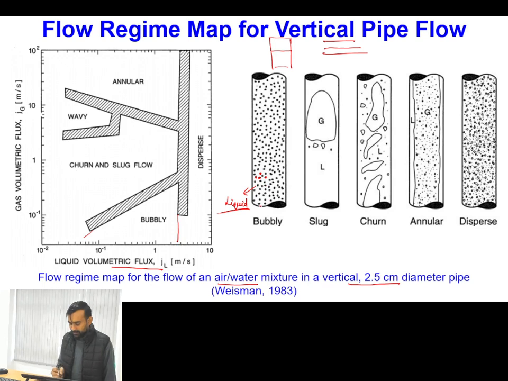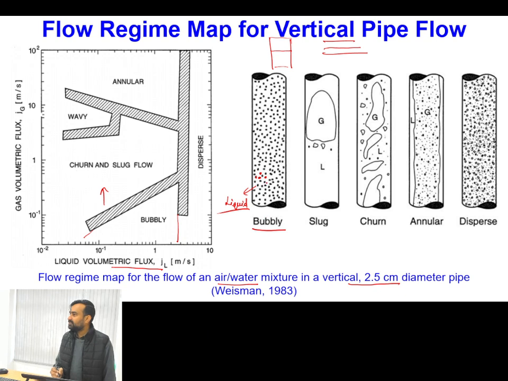This is called our bubbly flow regime. Moreover, in this regime gas velocities are so small that these bubbles also have sufficient distances between them.